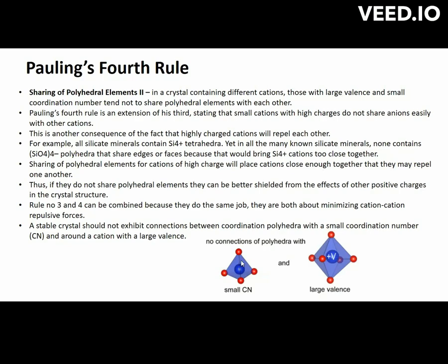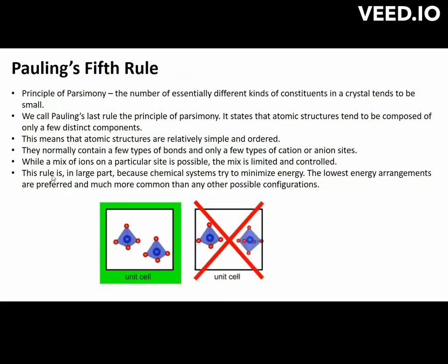So they do not share their faces, they do not share their edges, and they do not share their corners either. Why not? Just because we've got one which has large valence and one that has small coordination number, so there's no connection between these two. Because there's no connection, they tend not to share anything with each other.